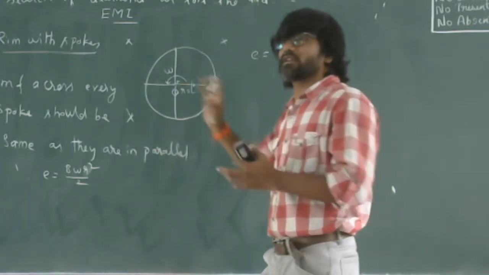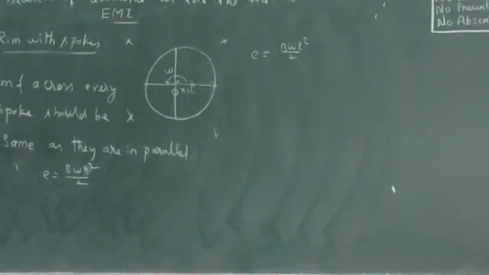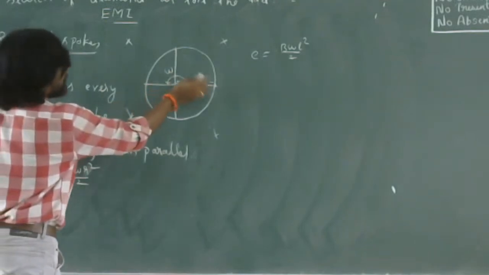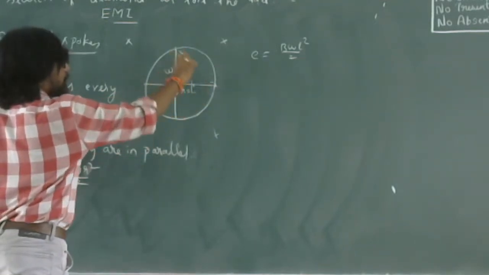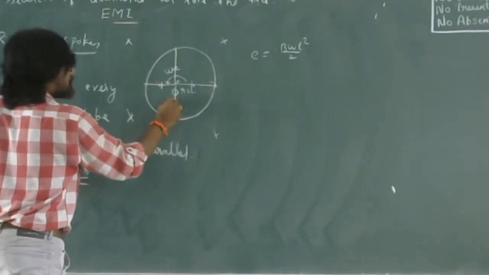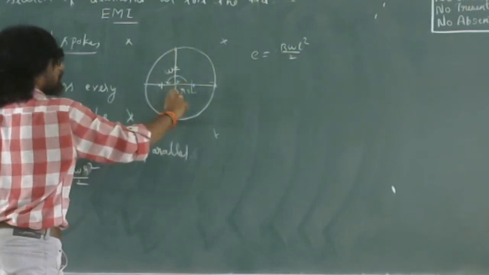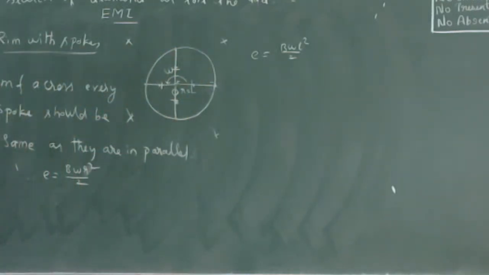Is that clear? So when you have a single wire or a number of wires in a ring also, the same thing you can consider as a number of cells. So each spoke will act like a cell with these polarities. If each EMF is E, and a number of such spokes are connected in parallel, the EMF across every spoke will be equal to E only.